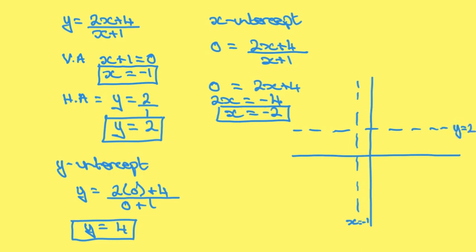We have got our y-intercept at y equals 4, and our x-intercept at x equals minus 2. So our curves go through those points. And that is our graph of y equals 2x plus 4 divided by x plus 1.